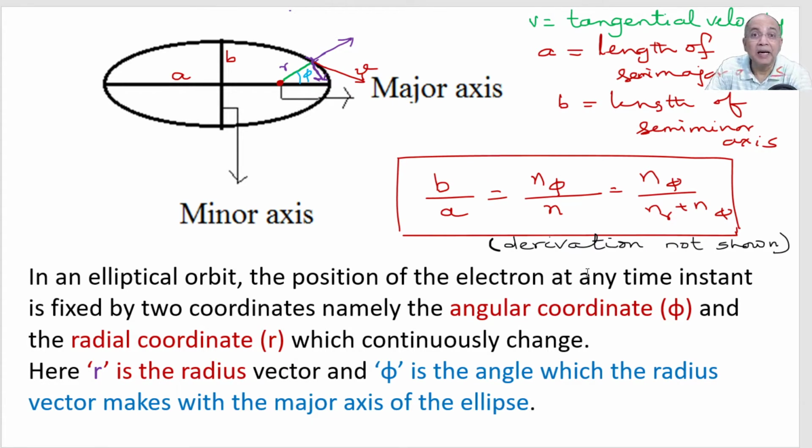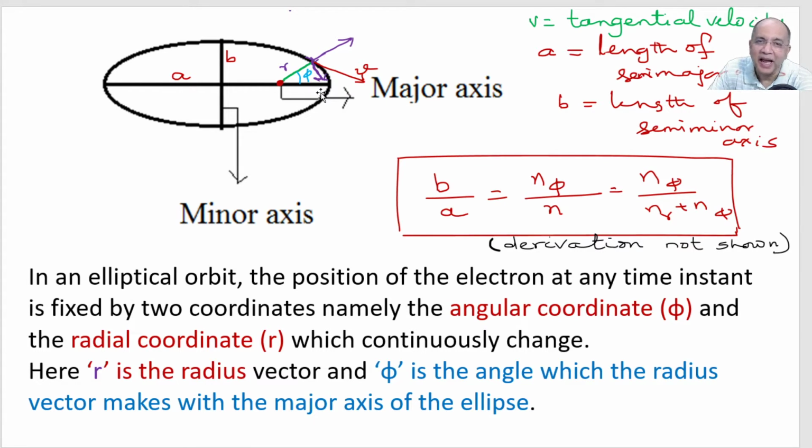This radial quantum number is due to the radial momentum, the radius vector and the radial velocity. And the n phi, the angular quantum number, is due to the transverse velocity.